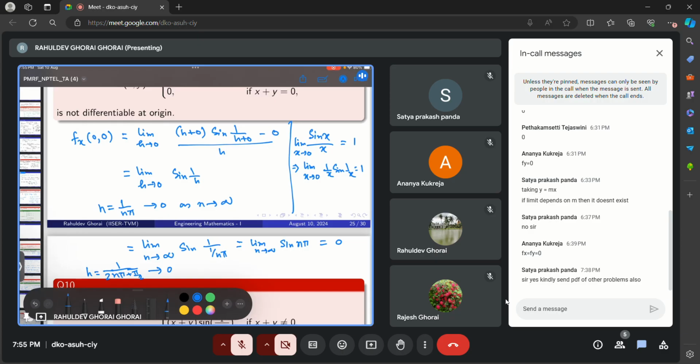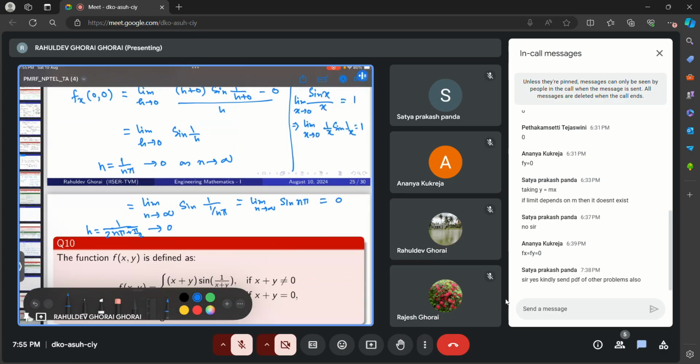So if the limit as h tends to 0 of sine 1 by h exists, it will be equal to the limit as n tends to infinity of sine of 2n pi plus pi by 2.